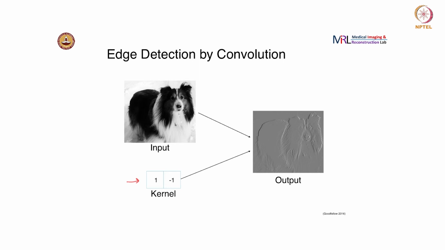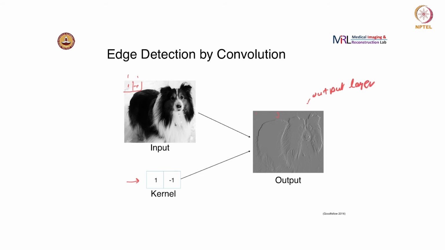And in this case, you just fix the weights to be 1, minus 1. If you superimpose the weights 1, minus 1, multiply with the underlying pixel values, and add the products, you will get one output there. What this does is highlight the edges of the image. So you get this edge map. Now this is your output. This is one output layer.